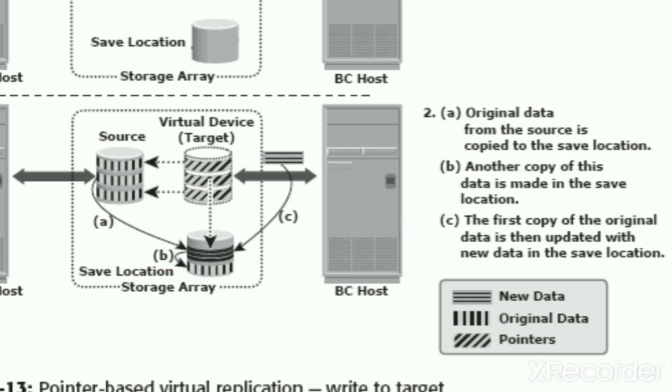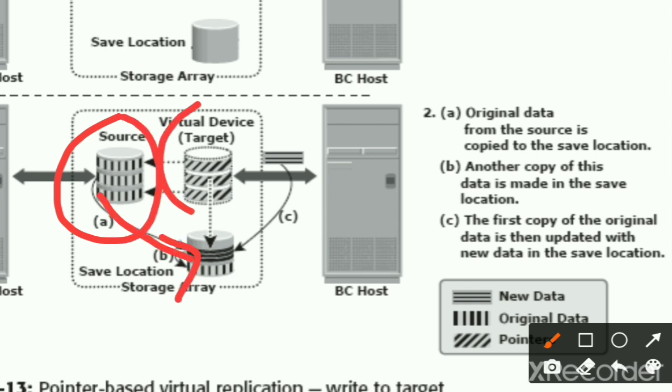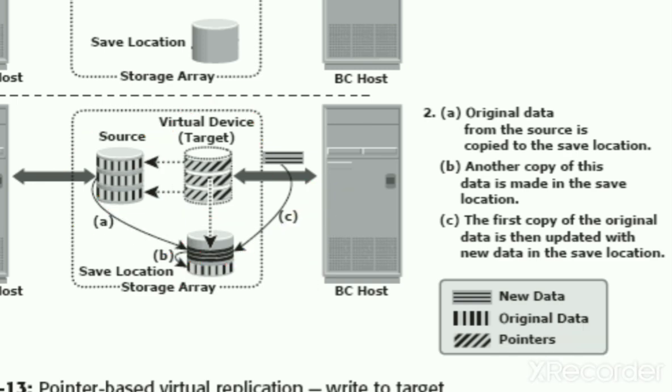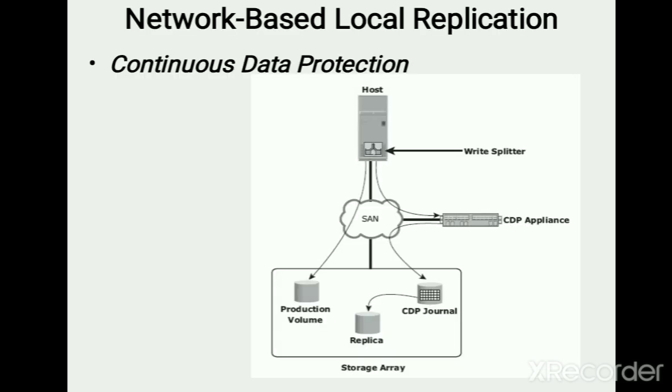The use of the pointer is not needed, and the data can be copied directly. The pointer is only used when the data from the source is copied to the save location, so that data is maintained in the target. So it can be directly accessed by the target host to carry on the operations. So this was all about the storage array based replication.